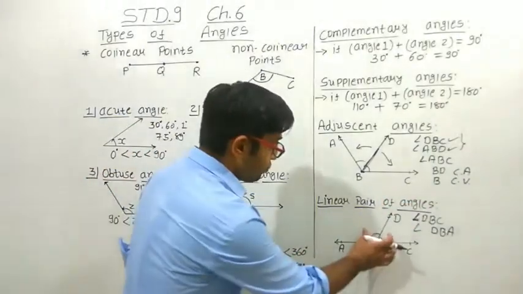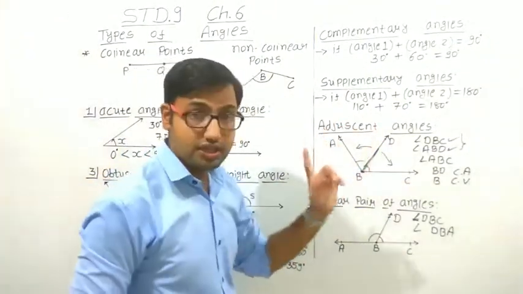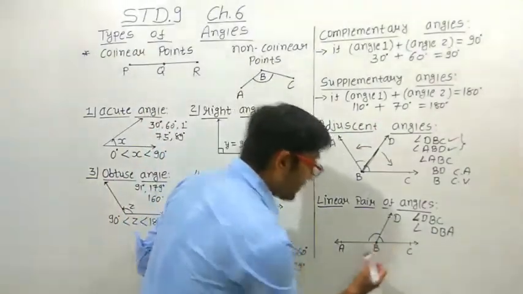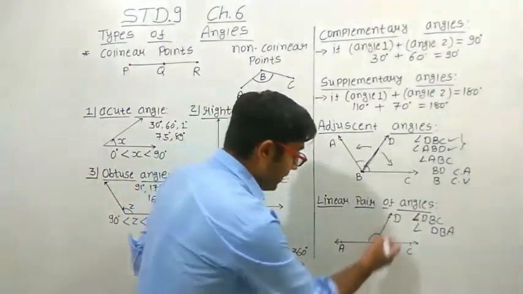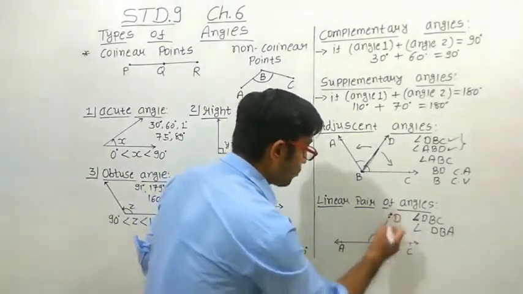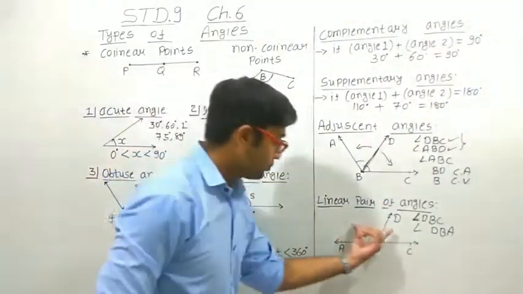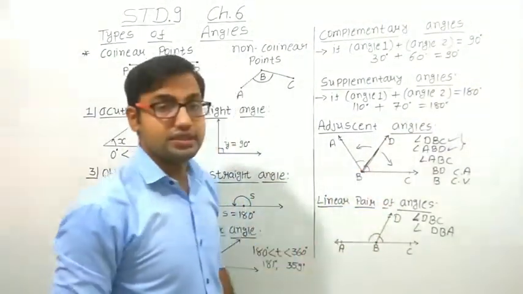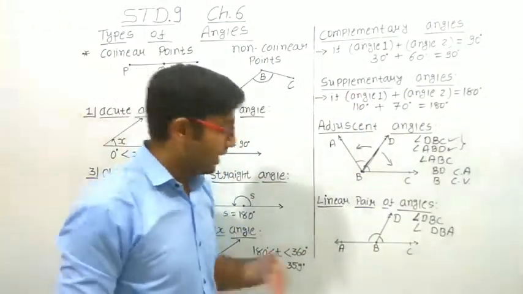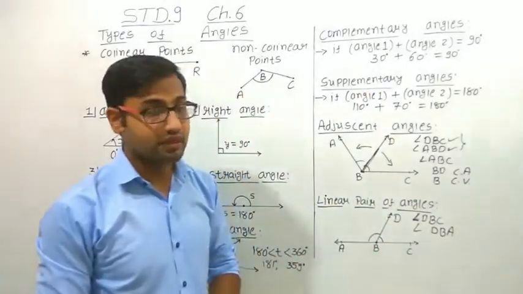These two angles are also adjacent angles, because BD is the common arm, B is the common vertex, and the remaining arms BC and BA are in opposite directions to this common arm. So these two angles are adjacent angles, they are supplementary angles, and they are making a linear pair of angles, right?